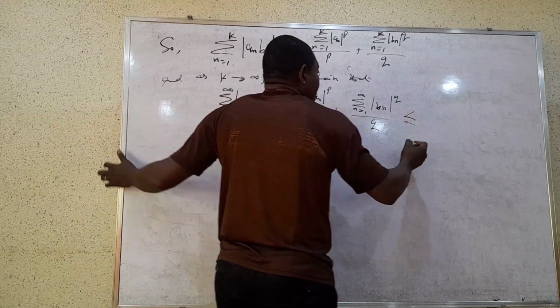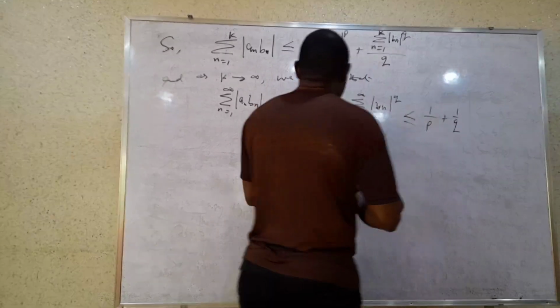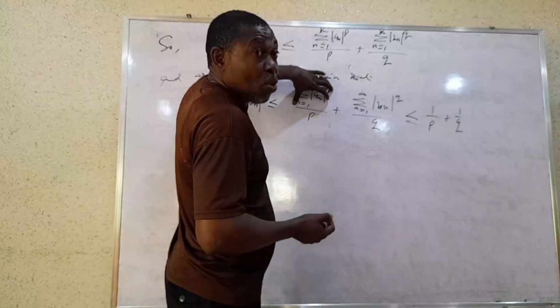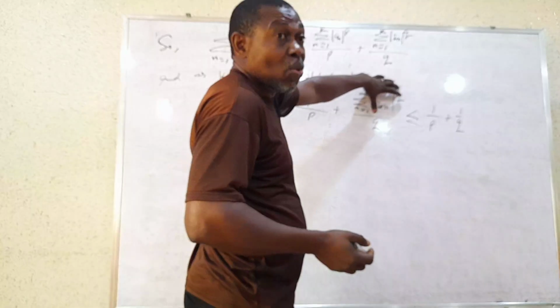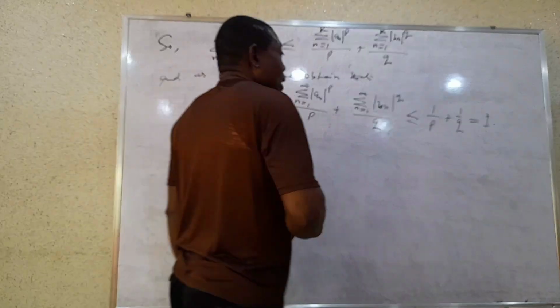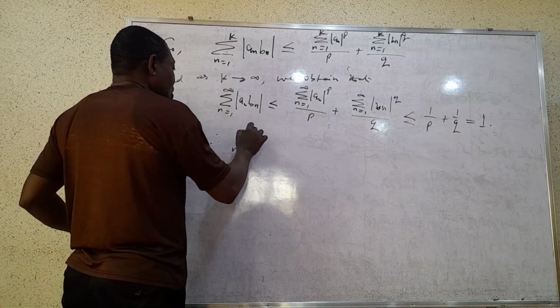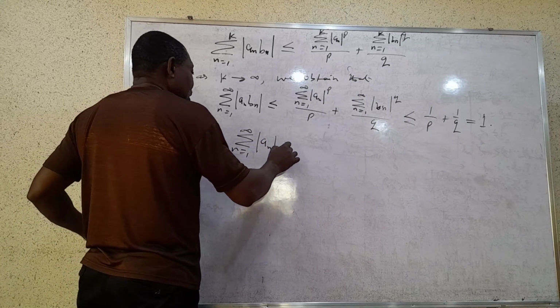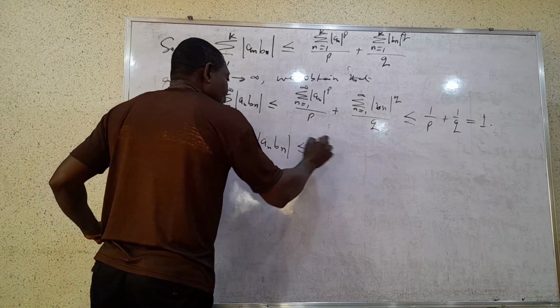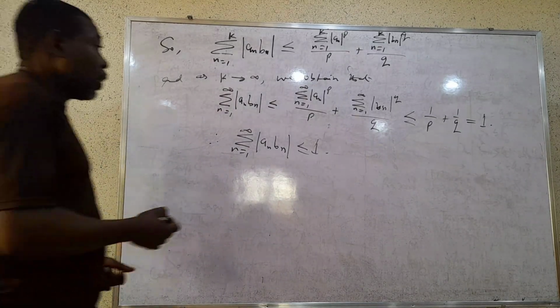This is still less than or equal to 1 over p plus 1 over q, because we are given that this sum is less than or equal to 1, and this one is less than or equal to 1. And this is equal to 1. So what we've got is that summation n equals 1 to infinity of the absolute value of a n bn is less than or equal to 1. So what does that mean? That completes the proof again.